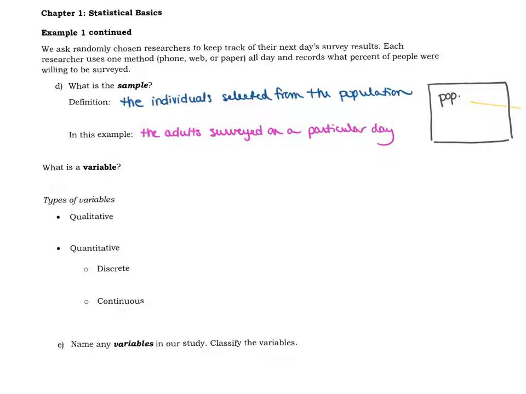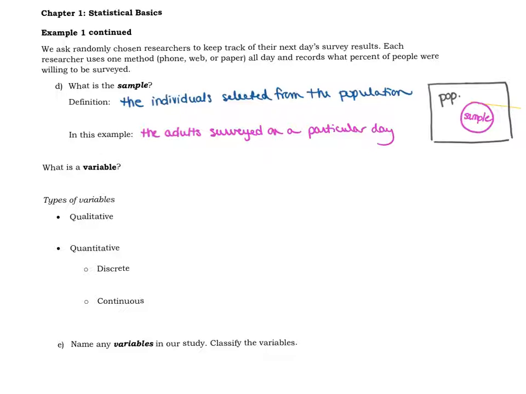But you've got this population, so those are all of the people, perhaps in the United States or whatever. And then the sample is that smaller group from within the population that you are actually going to pick from. And when I say a sample and I put that circle there, it's not like they all come from that one area. In reality, they're scattered all around, but again, I think you can get the idea there, okay?